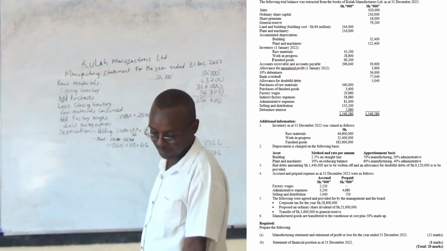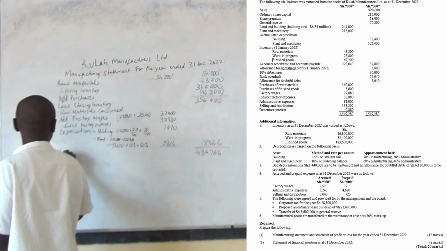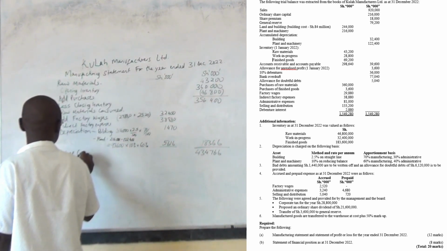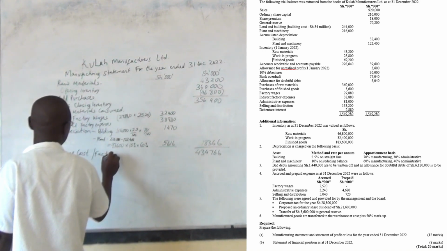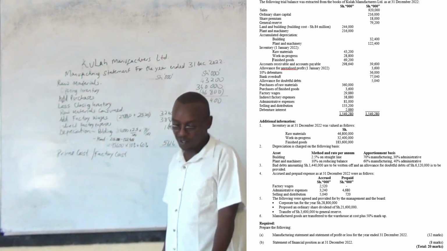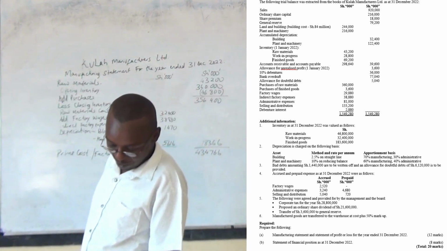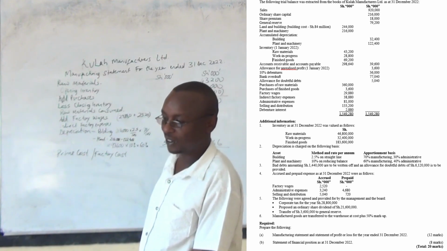What is that? This is a factory cost, or prime cost. There is something called work in progress. Do you know what work in progress is?